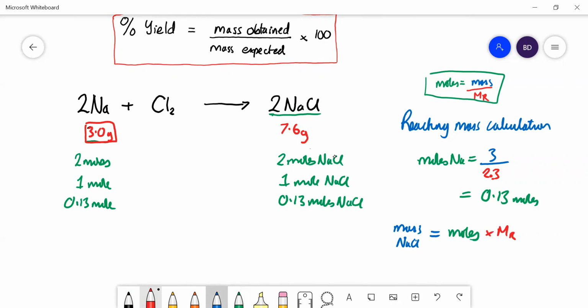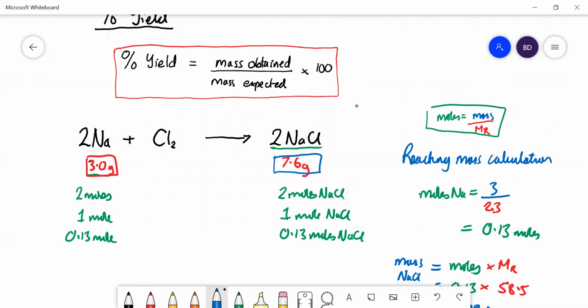That's 0.13 multiplied by the Mr of sodium chloride, which is 23 for sodium plus 35.5 for chlorine, so it's 58.5. Do that, and the answer is 7.6 grams, which is our expected amount. So that's how we do the reacting mass, a good bit of revision for reacting mass calculations. But really, the basic percentage yield calculation is very easy.